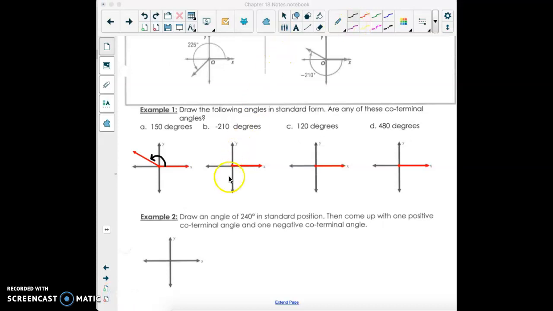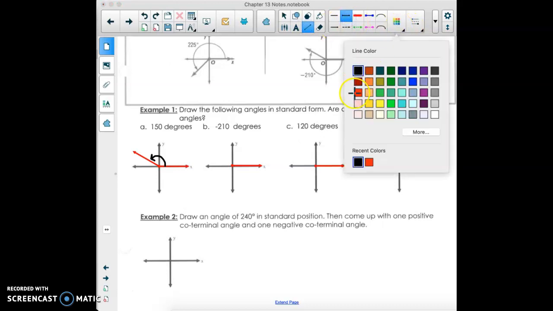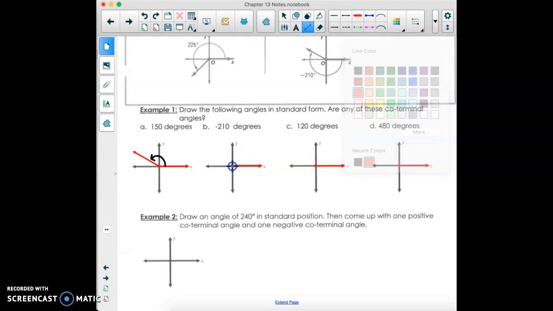With the second angle, it's just a little bit different because instead of being a positive angle, now we have a negative angle to work with. So instead of going up towards the positive quadrants, I'm going to go down towards the negative quadrants. And I'm not going to go to negative 210 where that would be.